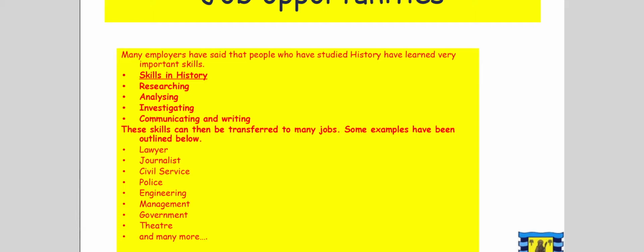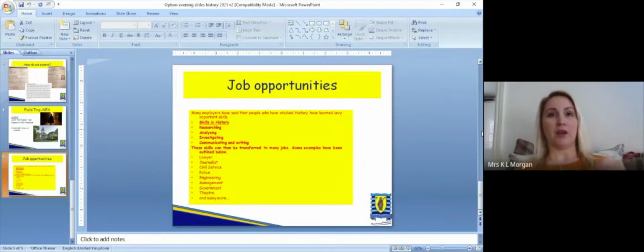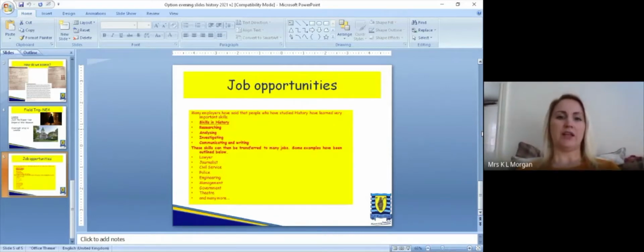Most college courses, most university courses, you will need to write an essay, okay? And what this GCSE does is it gives you the skills for that, because it is, as I've already said, extended writing, okay? But what it also does is by looking at sources and annotating them, analysing them, as we've done since you were in year 7, it does give you skills that can also be transferred to other jobs.